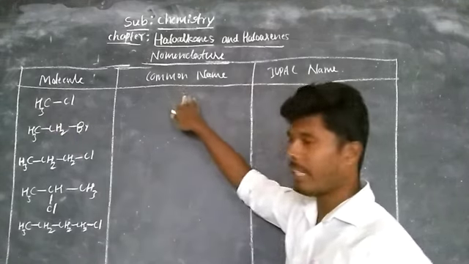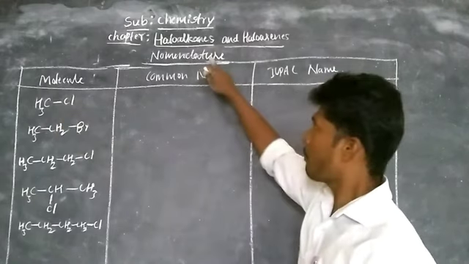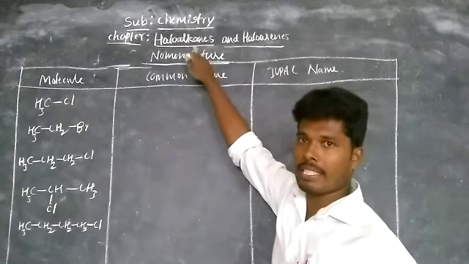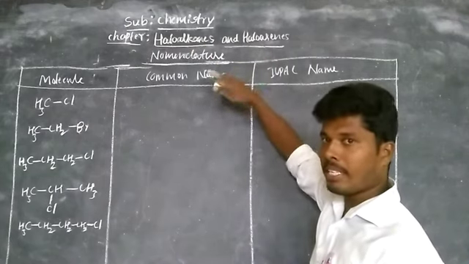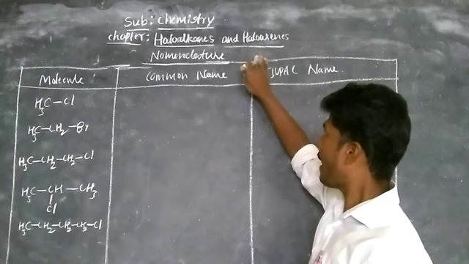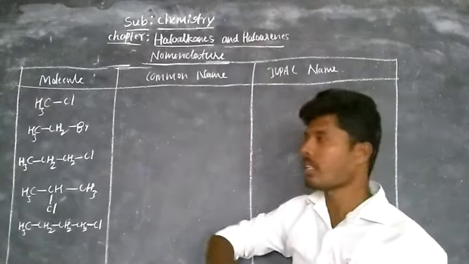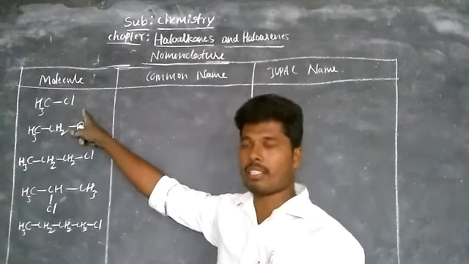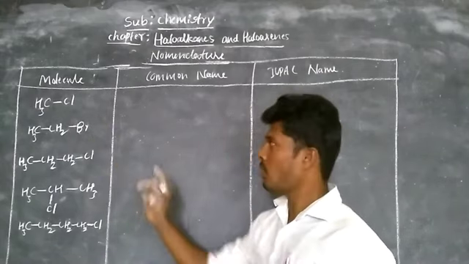In common name it is called methyl chloride. So I told you haloalkanes are alkyl halides and haloarenes are aryl halides.